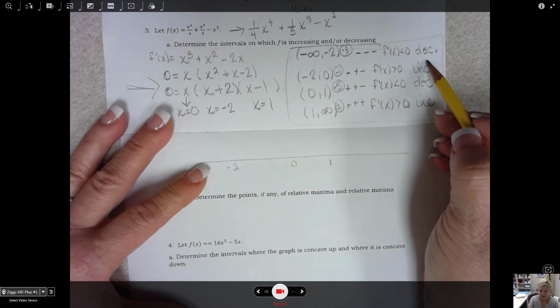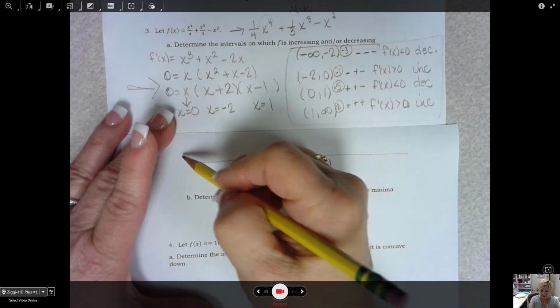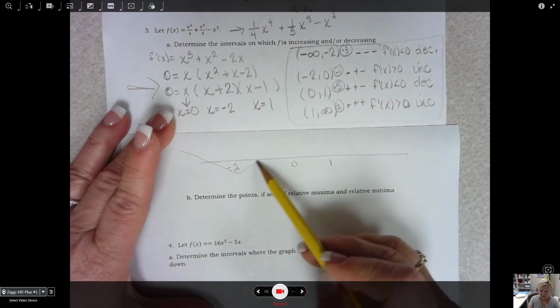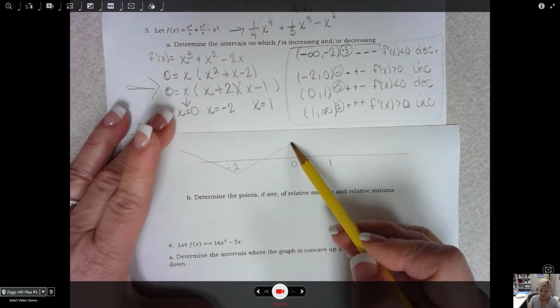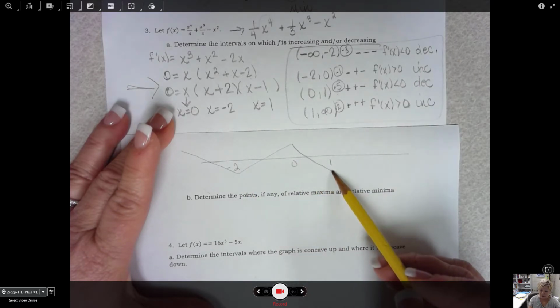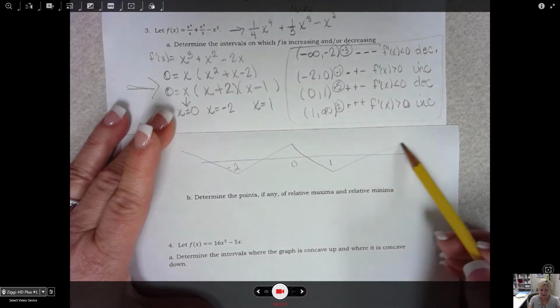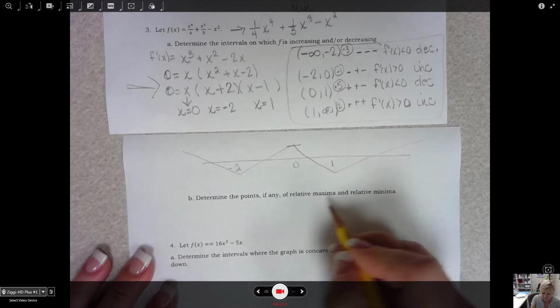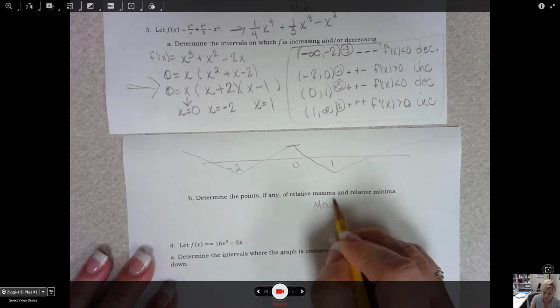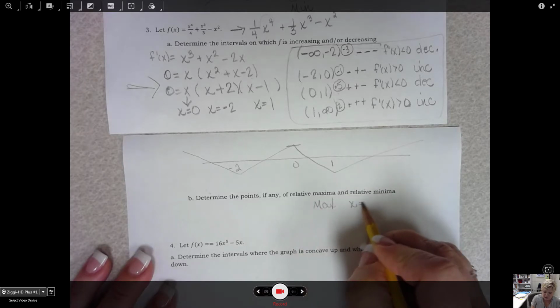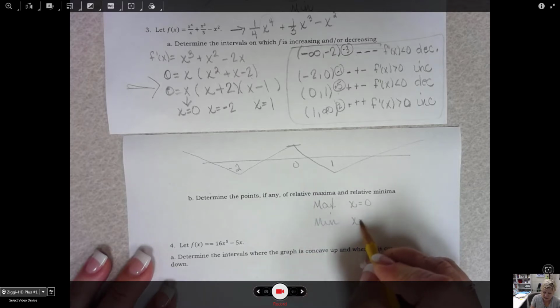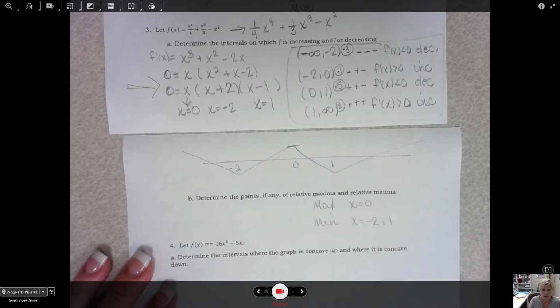I'm decreasing from negative infinity to negative 2, increasing to 0, decreasing again to 1, and then I'm increasing again. So I have one maxima, a max when x is 0, and I have two minima when x is negative 2 and 1.